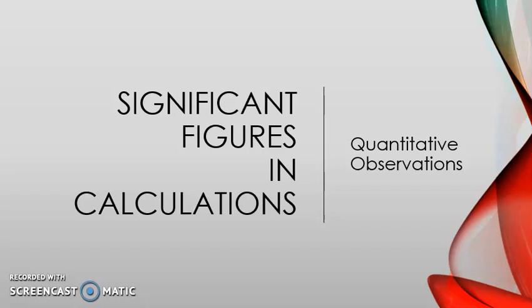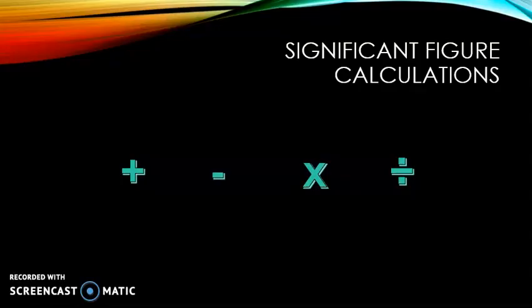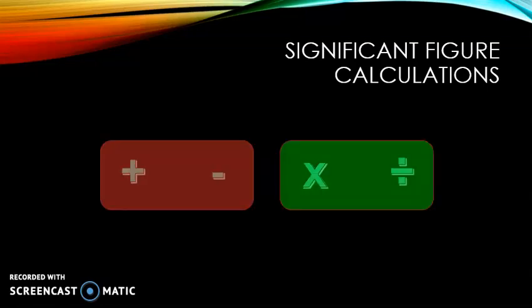Let's learn how to apply significant figures to everyday calculations. When you are going to do some math, we know that there are essentially four basic operators. You can add and subtract, you can multiply, you can divide. And I see these as two groups of essentially opposites.